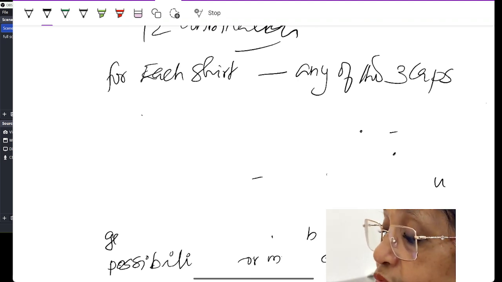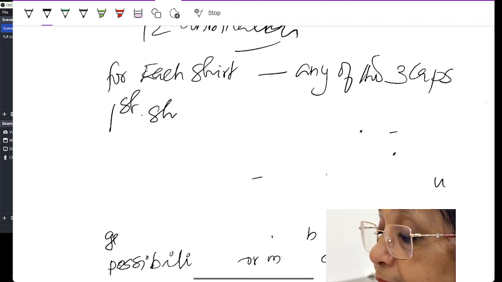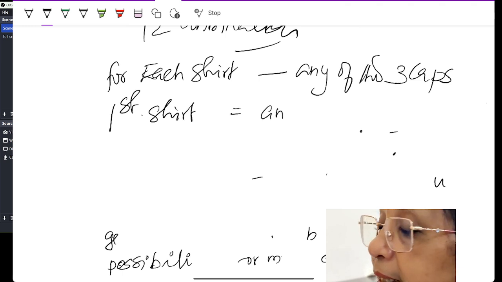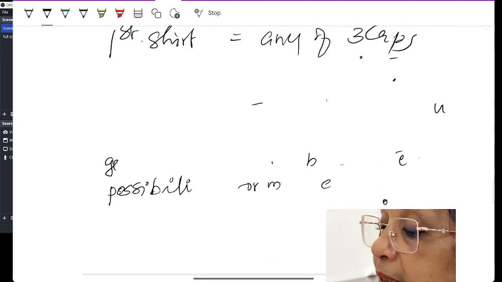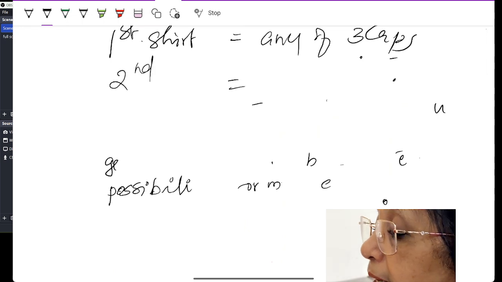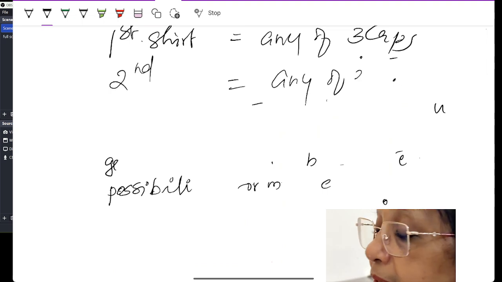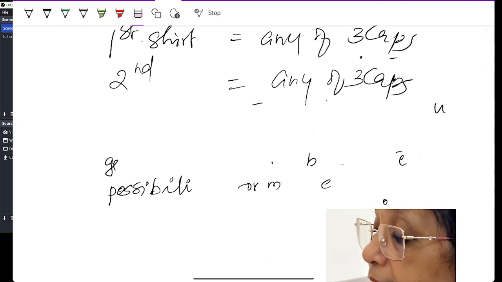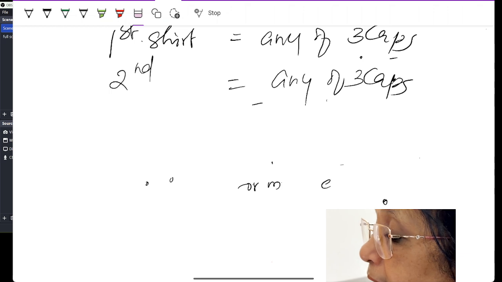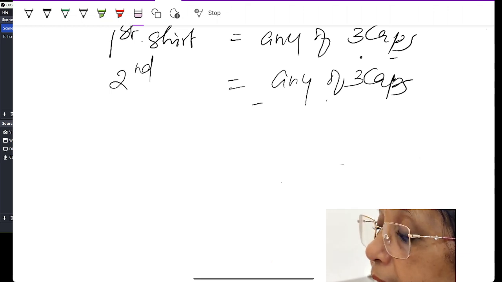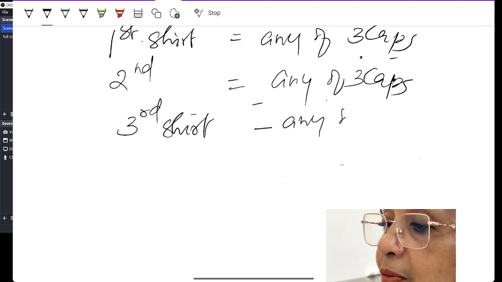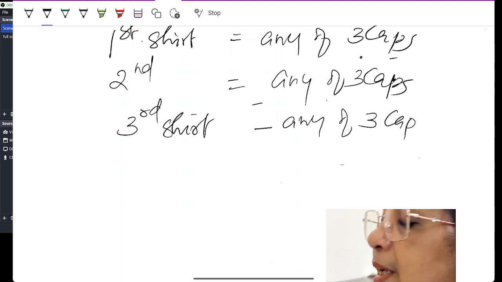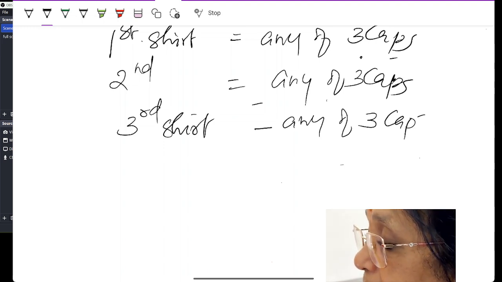So for the first dress, he can take any of 3 caps. Then for the second dress, any of 3 caps. Clear? Can you understand this? And for the third dress, he can take any of the 3 caps, any one out of these 3.